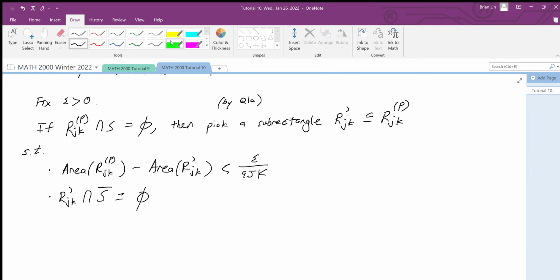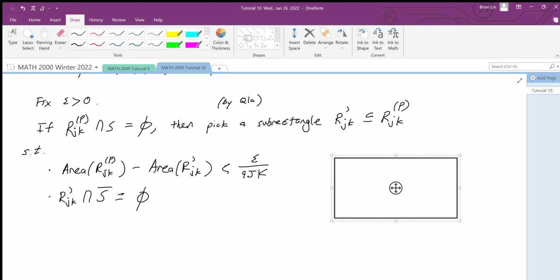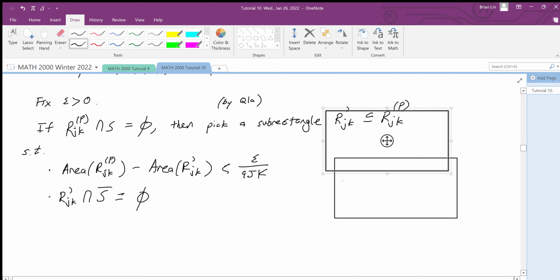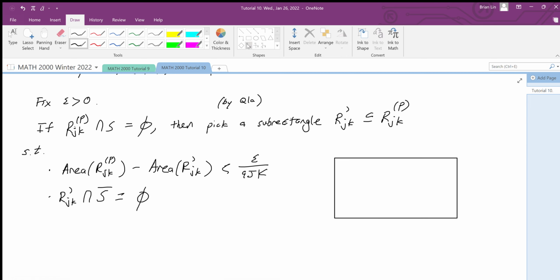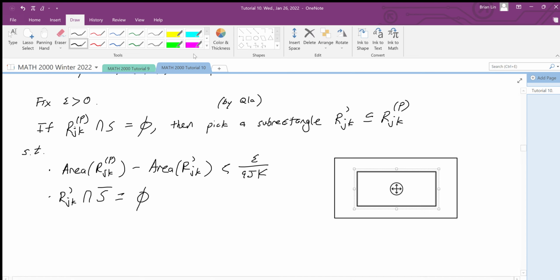Okay. So what do we have here? From question 1a, we have a rectangle here, and we also have a subrectangle. So let's name it. This is R_jk^P, and we have this R_jk prime.